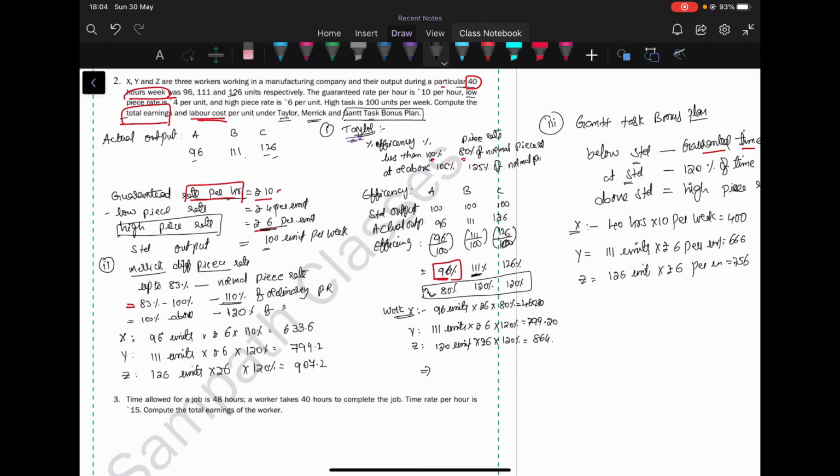I'll write labor cost per unit for X, for Y, for Z.